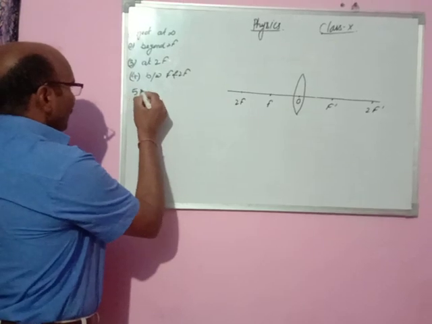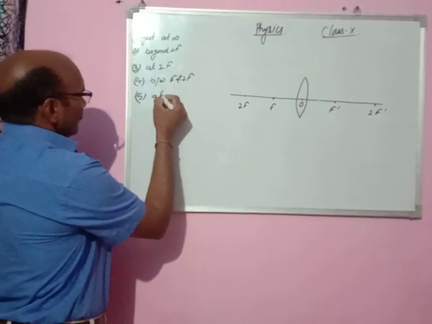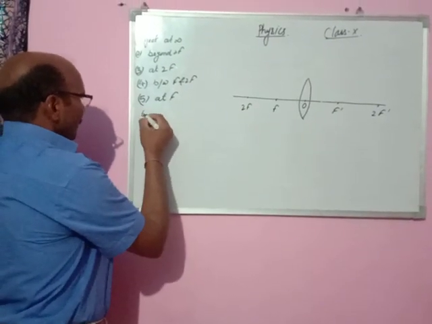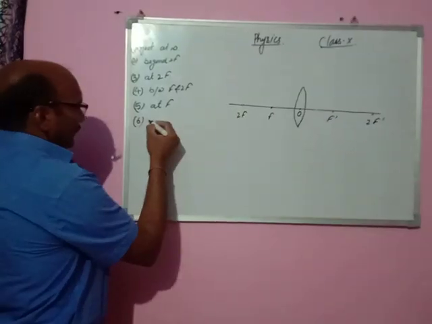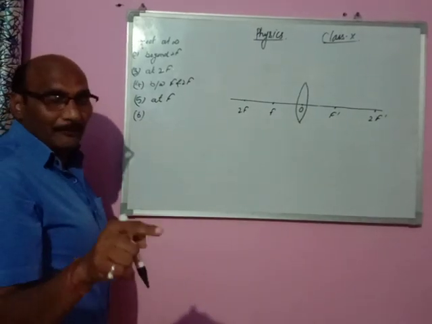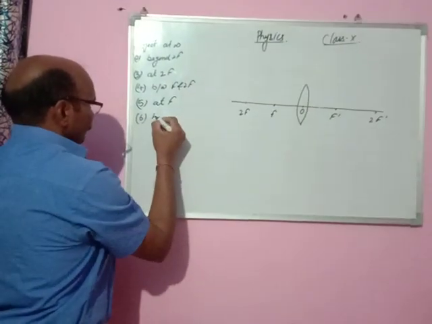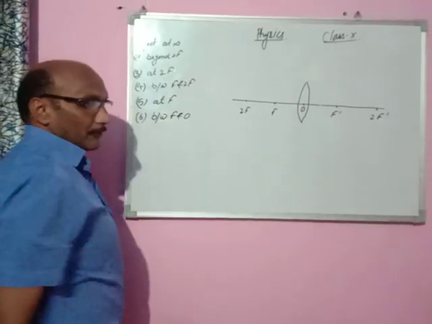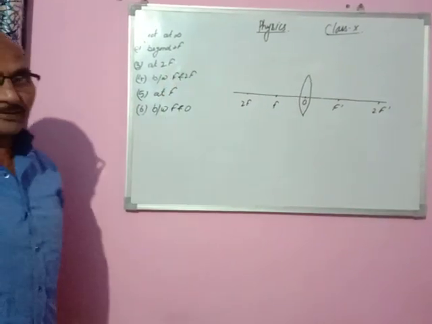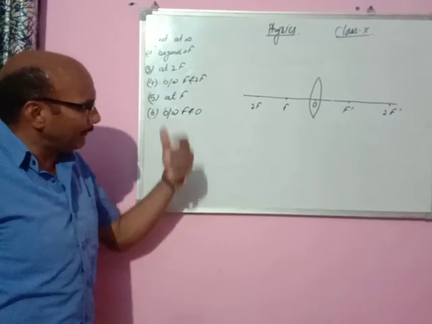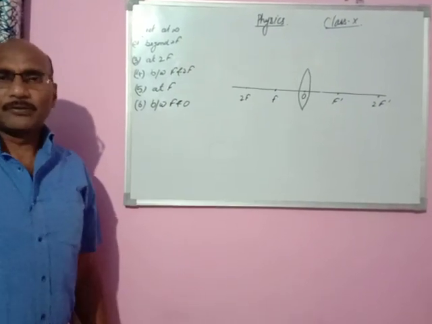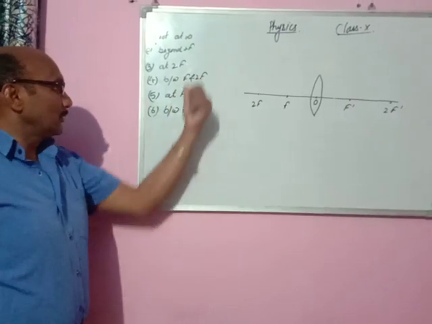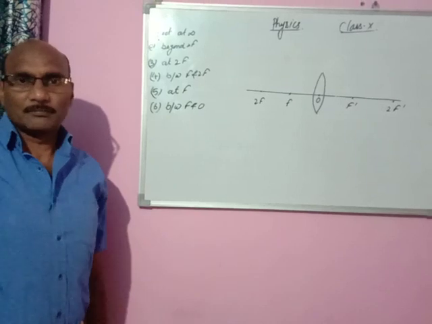Number 5, object is at F. And number 6, object is between F and the origin. These are the 6 possible conditions where the object can be kept. Wherever you put the object in front of the lens, all positions will be covered in these 6 positions.